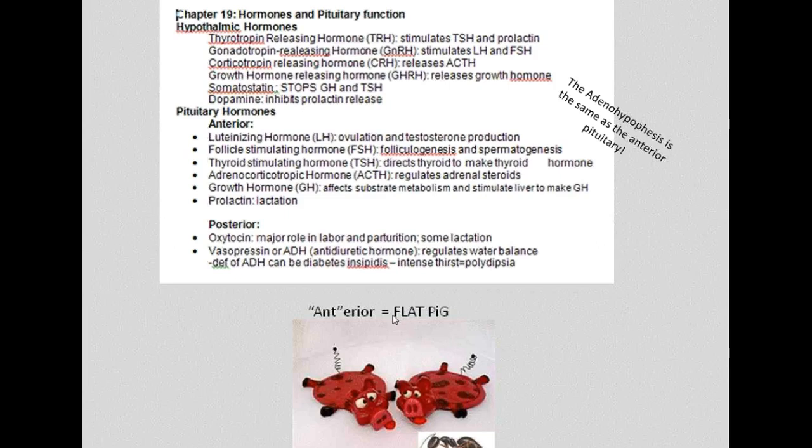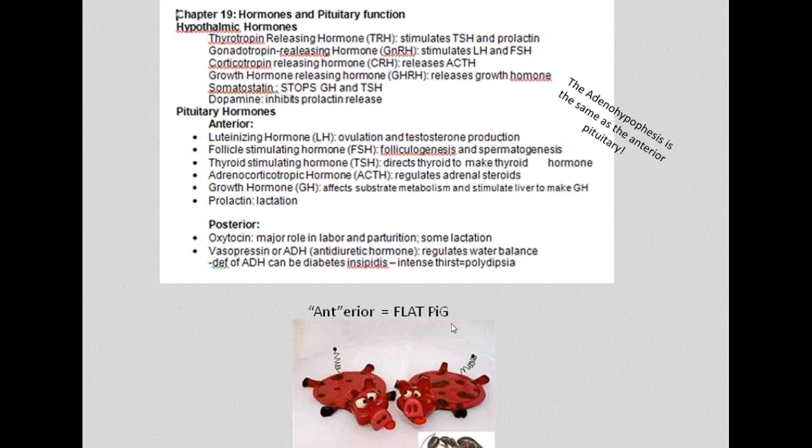So anterior refers to flat pig. Flat pig refers to all of these hormones, okay? F is for FSH, L is for LH, A is for ACTH, T is for TSH, P is for prolactin, and G is for growth hormone. The I is just there as a little extra. So that's how you know which ones come from the anterior pituitary, okay?